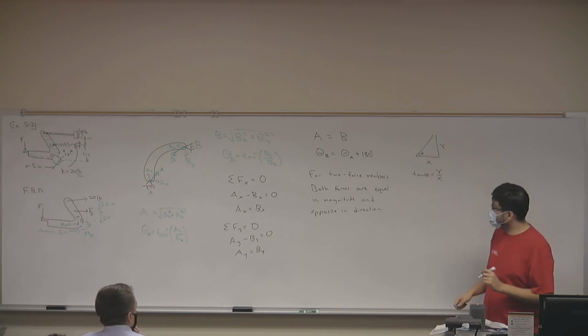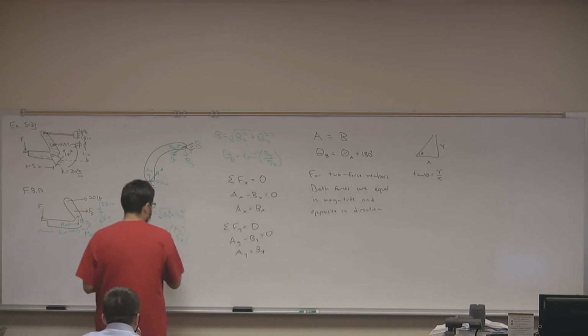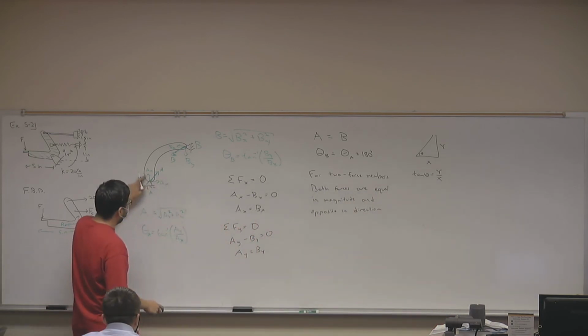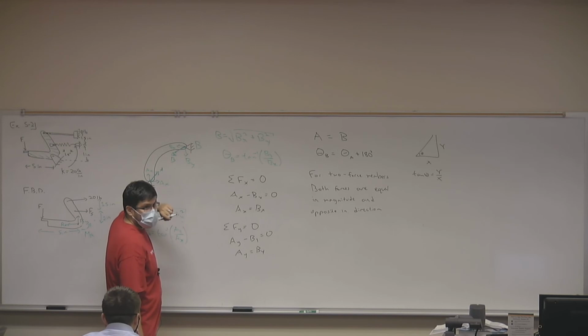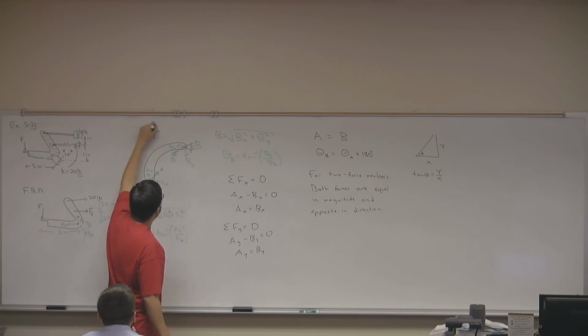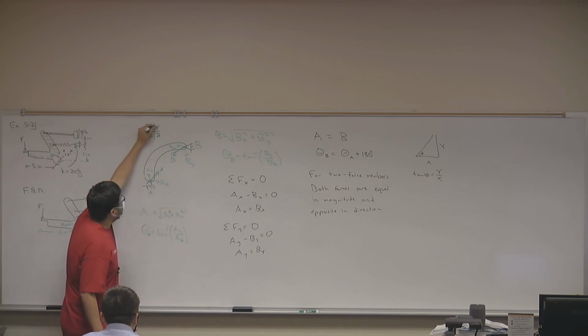So in this case, notice that AY, AX are both in the first quadrant. But BX, BY are both in the negative quadrants. So we have our quadrants 1, 2, 3, 4. AY, AX, since they're both positive, is in the first quadrant.